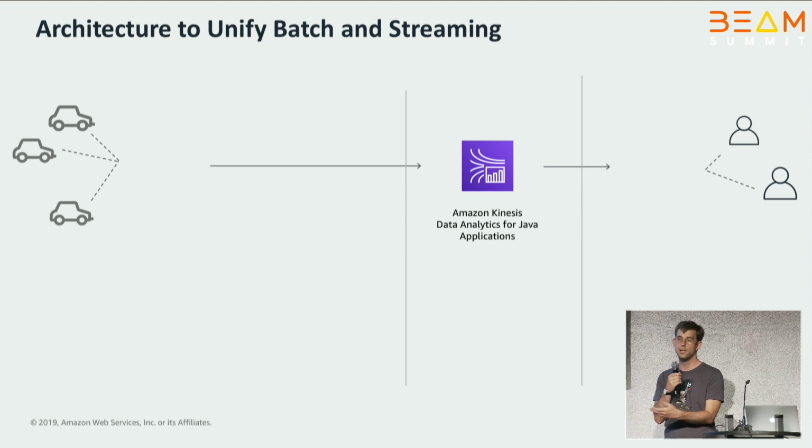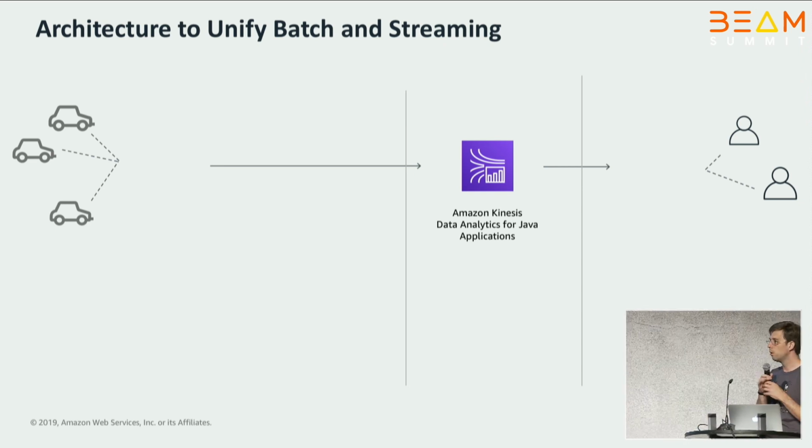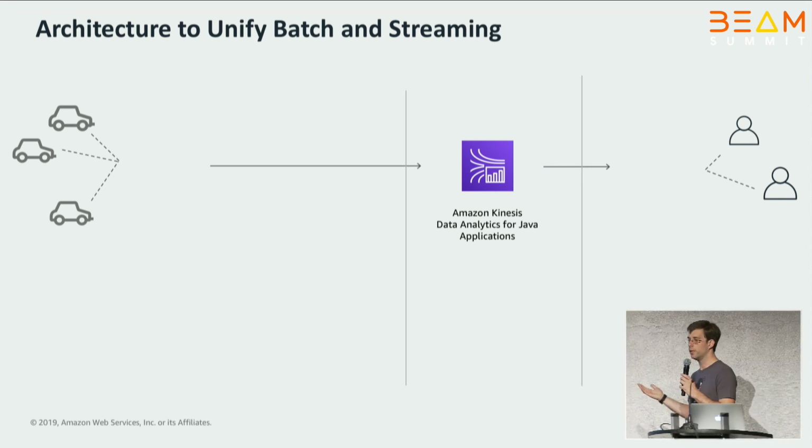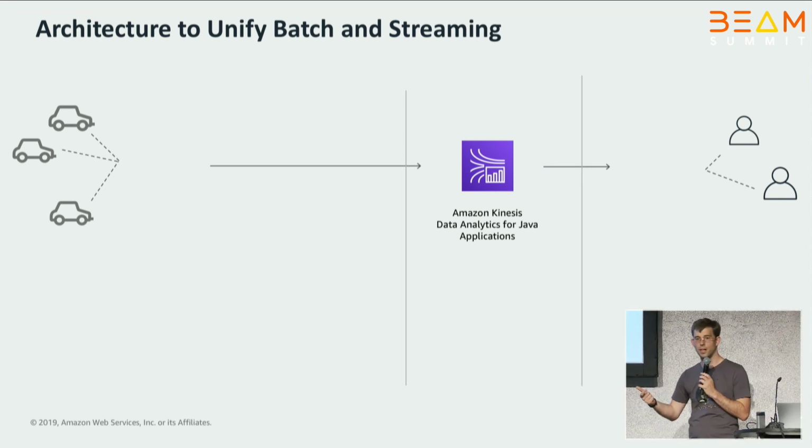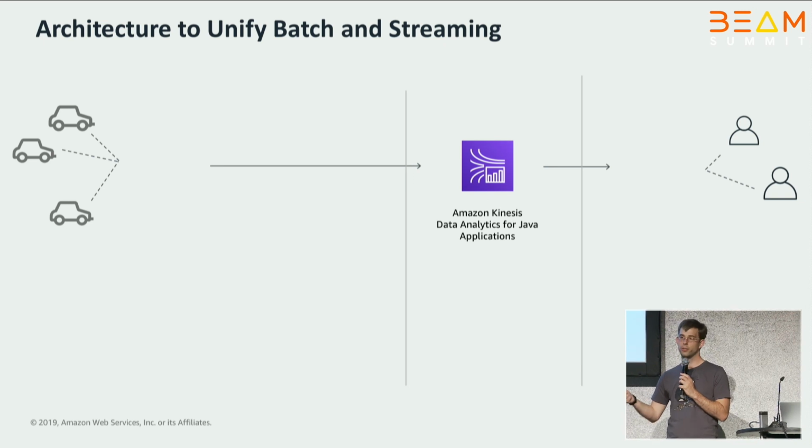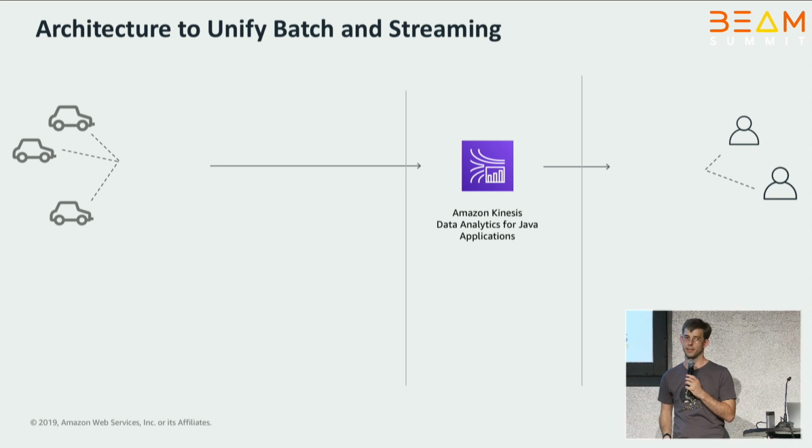If a node fails, we'll detect that and replace the node, and the service also takes care of taking checkpoints and savepoints, and it will scale the Flink program according to your needs, right? So to run Beam on AWS, I'll essentially use a Beam pipeline with a Flink runner that is running on Kinesis Data Analytics for Java.